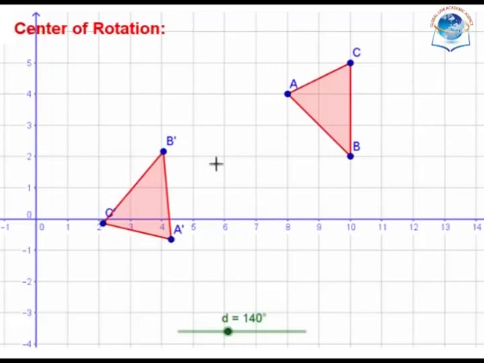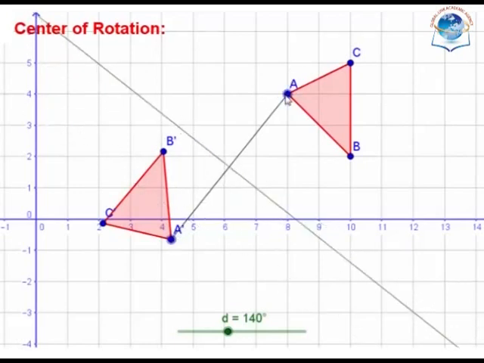When you want to find the center of rotation, first thing you do is connect any 2 corresponding points, like A and A prime, and then draw a perpendicular bisector of that line. That line bisects the line A prime.